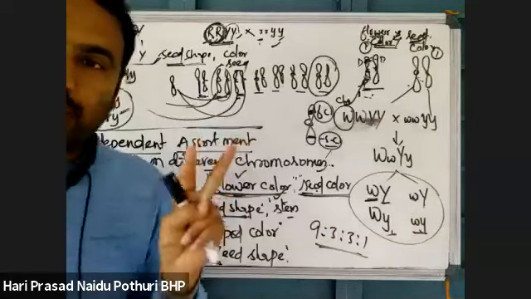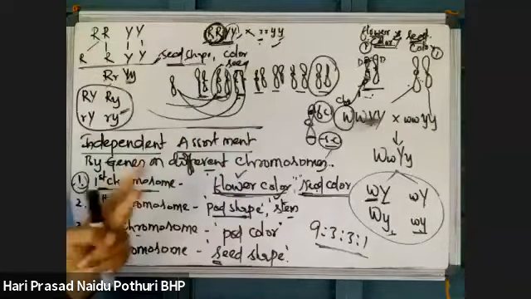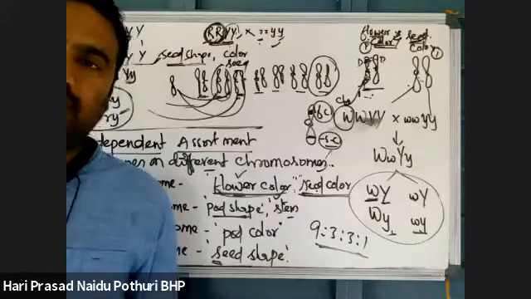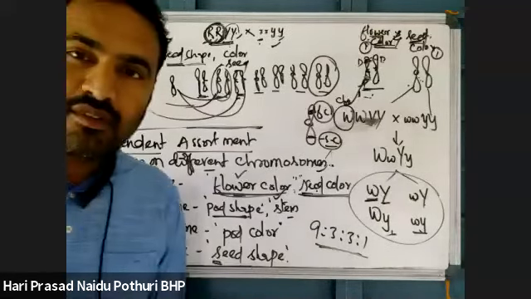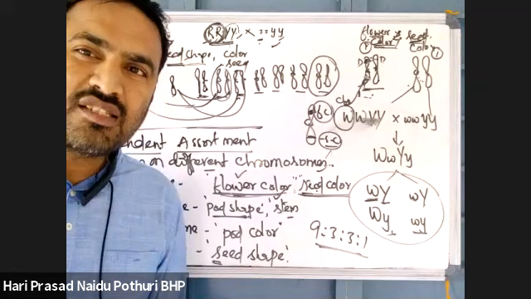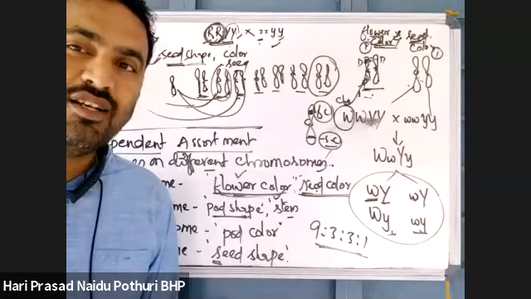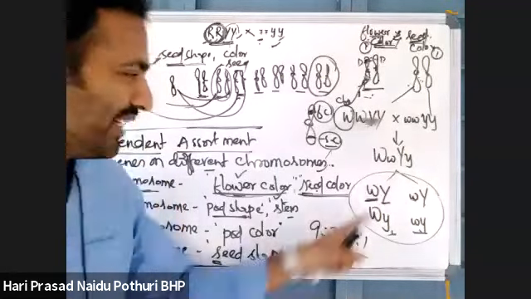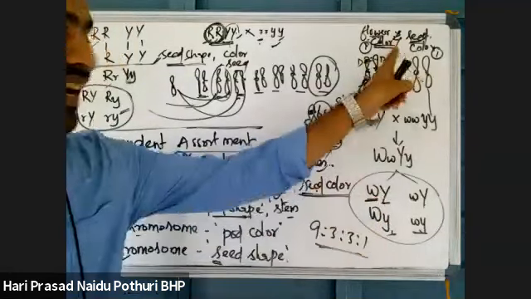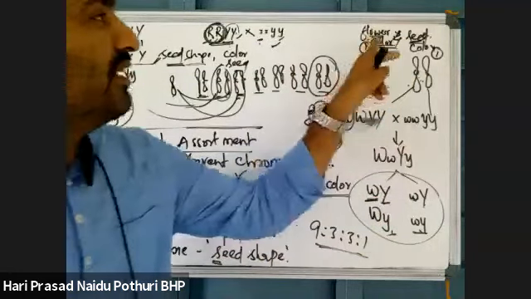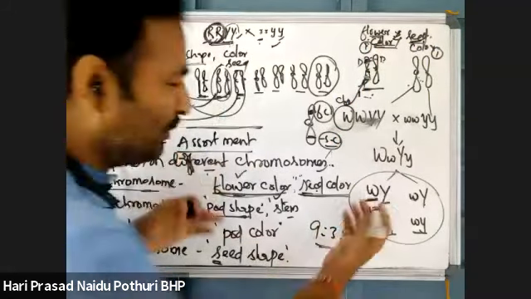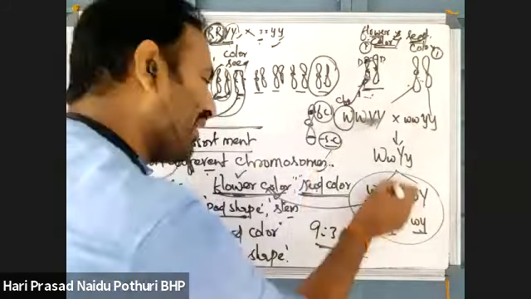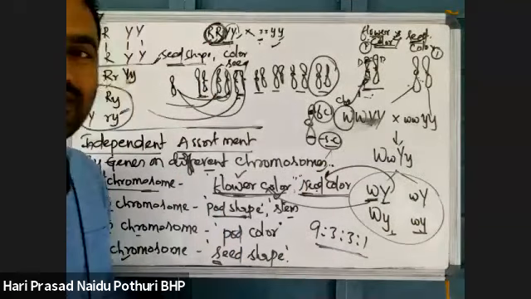So during the law of independent assortment, for 50% segregation of gametes, the genes should be present on two different chromosomes. W and Y means, I took only as alleles, but this W carries both characters. Y also carries both characters.